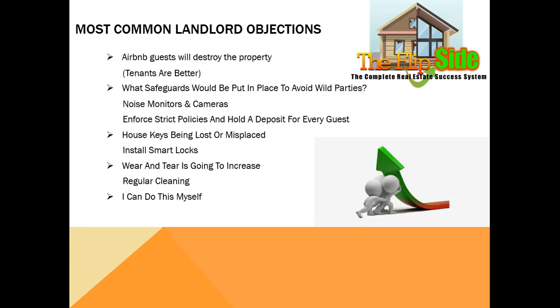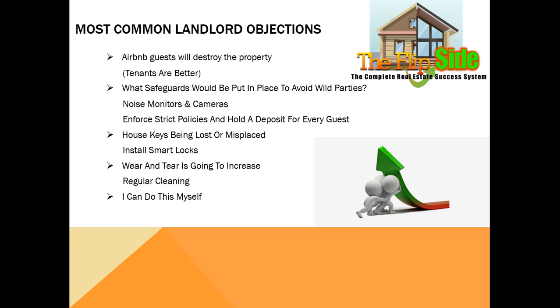Now, some of the pain points are the most common objections that are still pain points. Airbnb and guests will destroy my property, and that long-term rentals are better. You need to reassure them that you are going to do everything humanly possible to make sure that no damage is ever done to that property, that the rents are paid on time, and should any damage occur to the property, that you have the short-term rentals insurance, you have the maintenance guy, you have everything in place that gives them some guarantees.